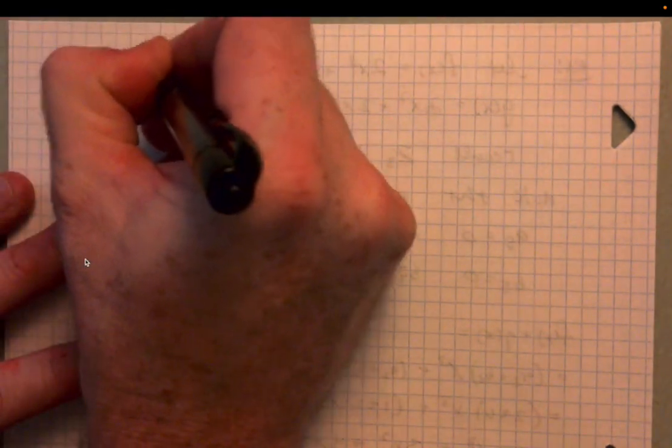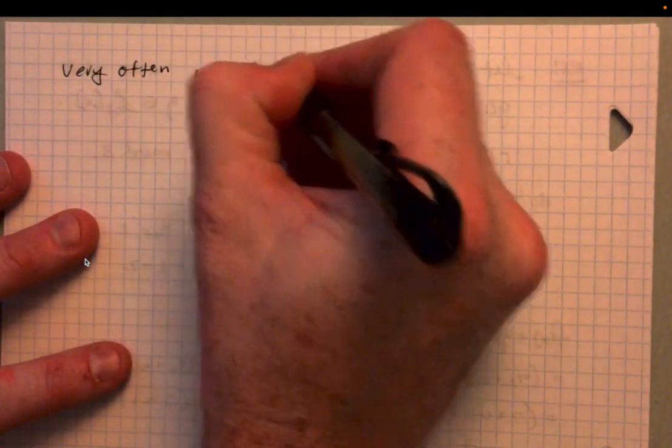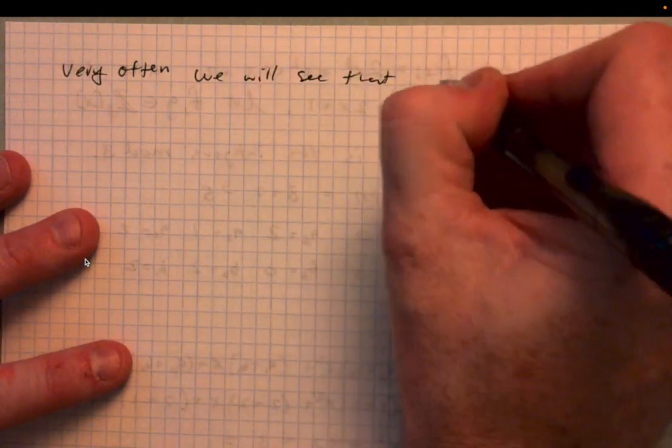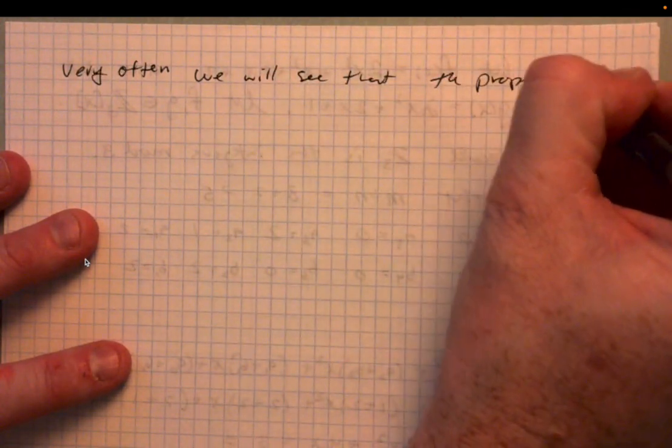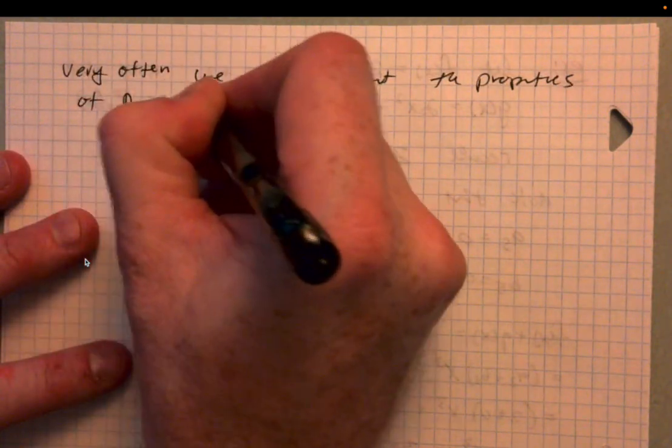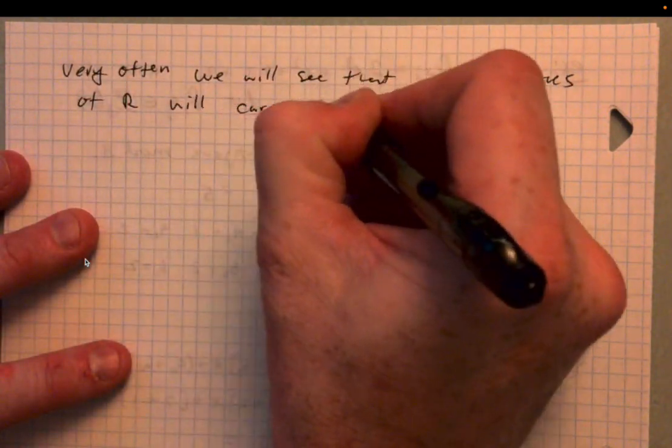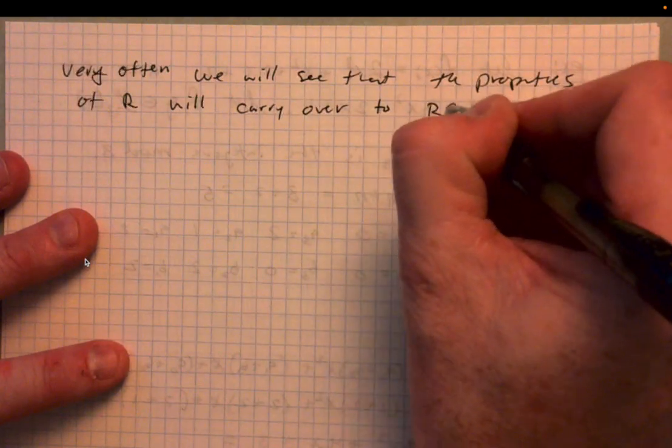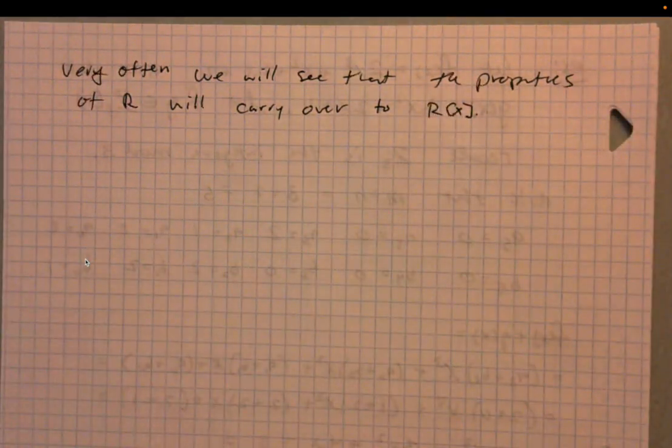So very often what we'll find when we're looking at rings of polynomials is that depending on what the ring R is, certain properties from R will carry over to the polynomials over R. So very often we will see that the properties of R will carry over to the polynomials over R. Okay.